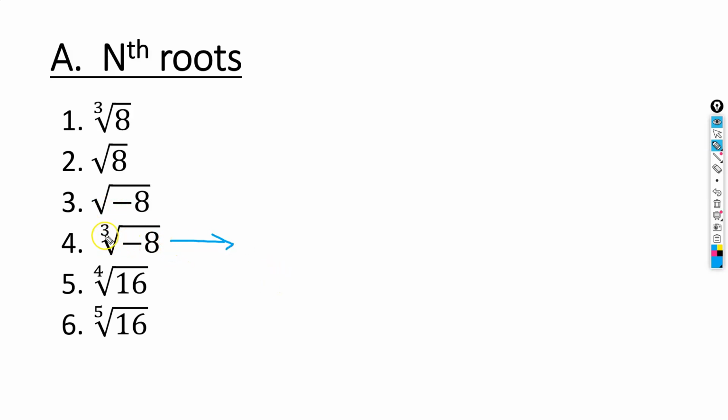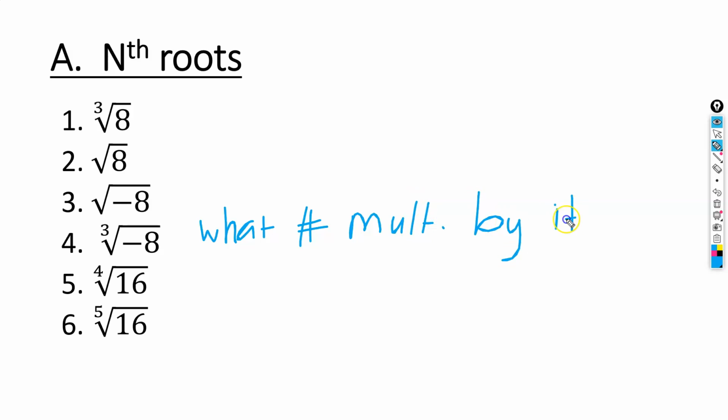Now, this one, as you guys remember, we can rewrite as a question. We could say, what number multiplied by itself 3 times makes negative 8?